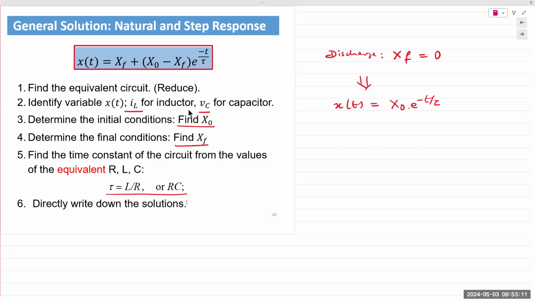If you're interested in the derivation, you can stop by my office. If anyone is interested in solving the differential equation, I can show that to you. I have multiple books on those. But as an engineer, especially as a non-EE engineer, if you're looking to solve this, then you need to find three values: the initial, the final, and then the time constant. And so it's important to recognize that circuit.